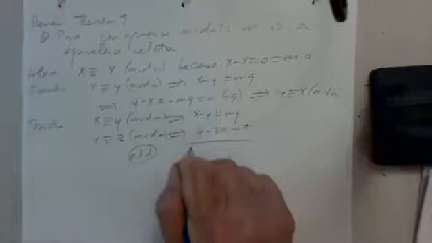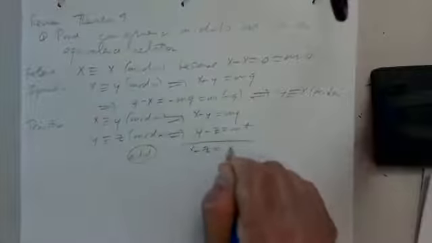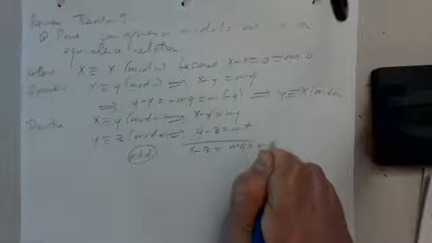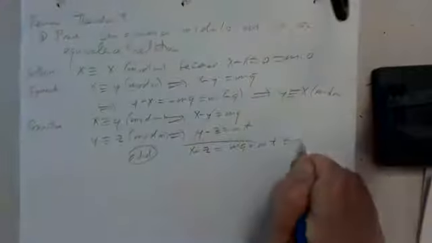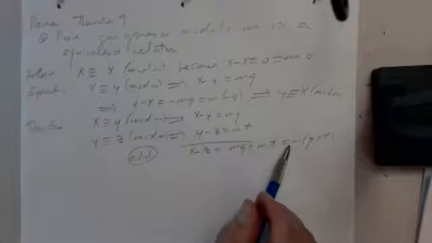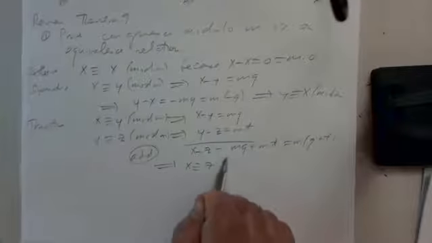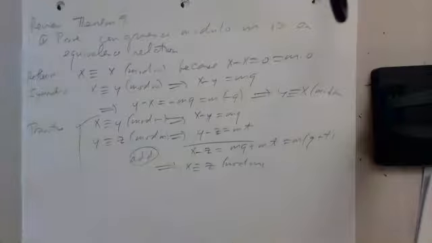The y's cancel, we get x minus z is MQ plus MT, which is M times Q plus T. So x minus z is divisible by M, so x is congruent to z mod M. So that's the proof that it's transitive.